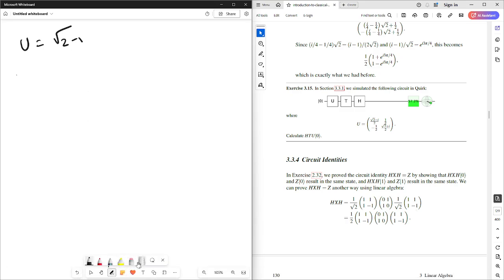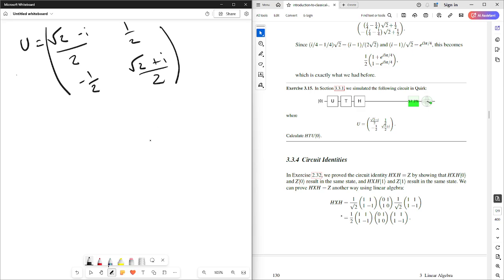I wrote square root of 2 minus i instead of (square root of 2 minus i) over 2, minus 1/2 and 1/2, (square root of 2 plus i) over 2. So we have HTU being applied to the state 0.